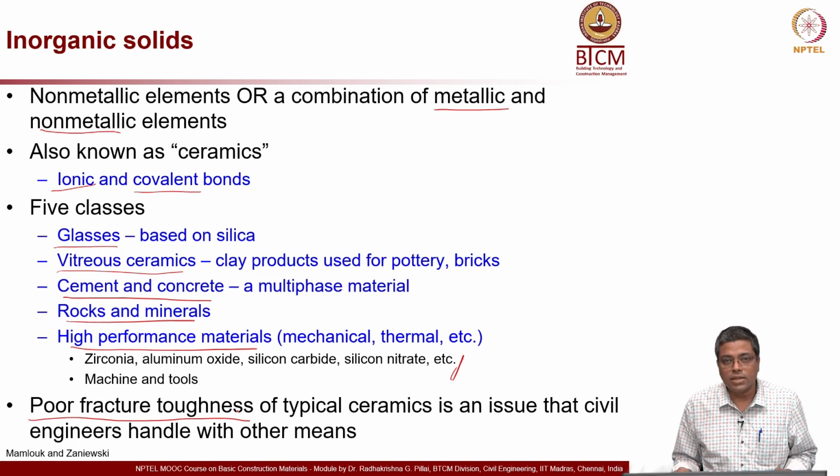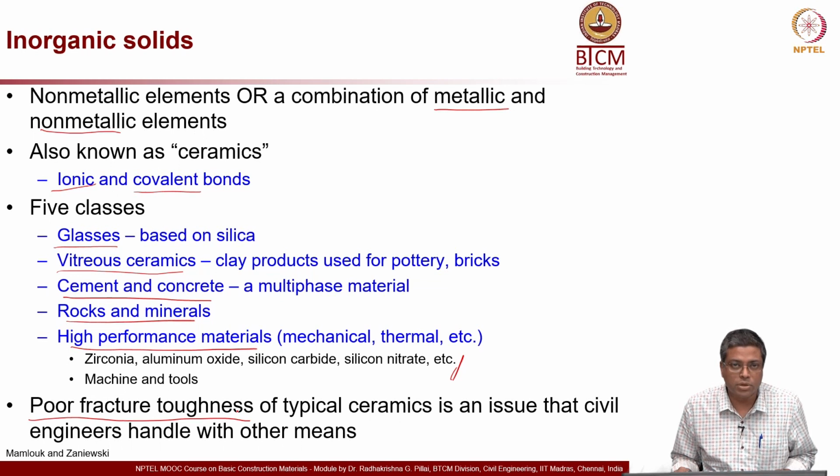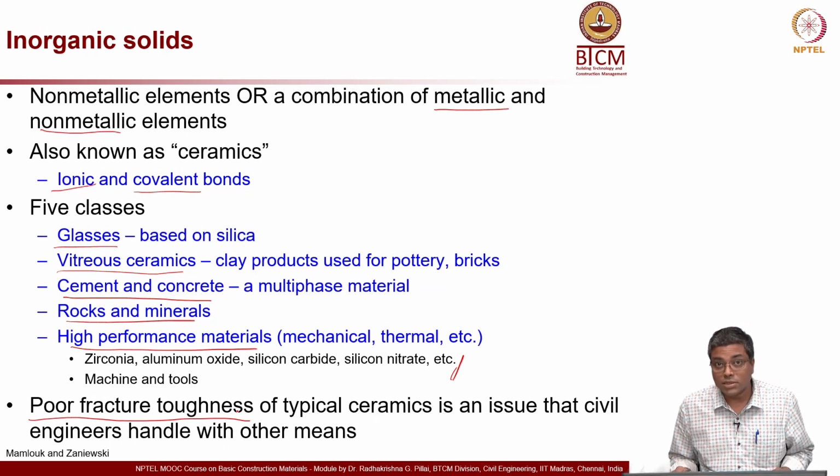So, how do we handle that is by putting steel reinforcement or steel fibers which are good in tensile behavior, in tensile properties, and then we mix them together and make it like a composite material. Essentially our reinforced concrete is a composite material, right.